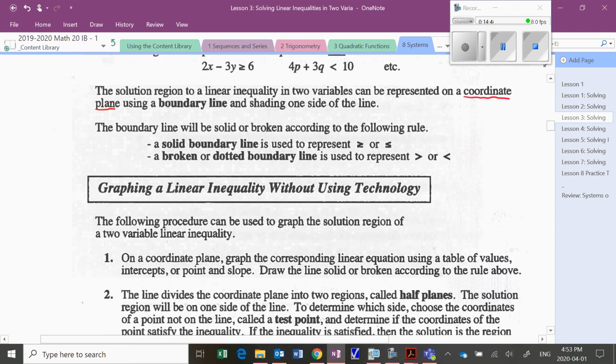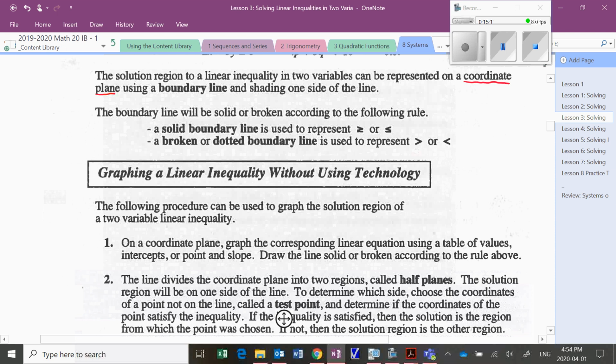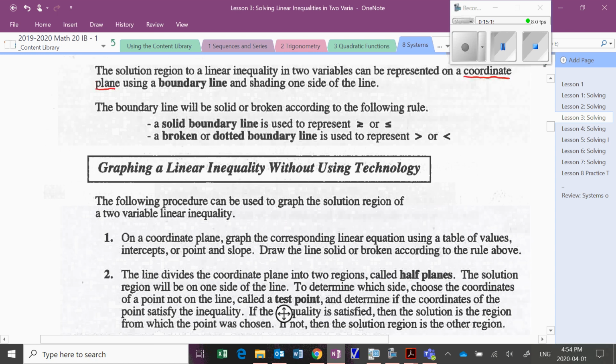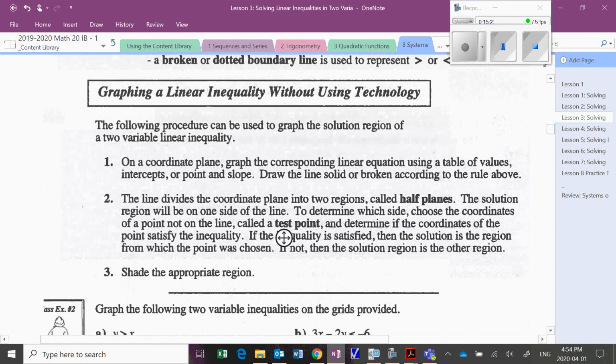The boundary line is essentially going to be a solid line, meaning that it includes all values on the line if we're looking at greater than or equal to or less than or equal to, and it is a broken or dotted boundary line if we're just looking at greater than or less than, meaning that is our boundary, so all of those points along those lines are not included. Okay, and then you're going to shade one side of the line depending on what the actual inequality says.